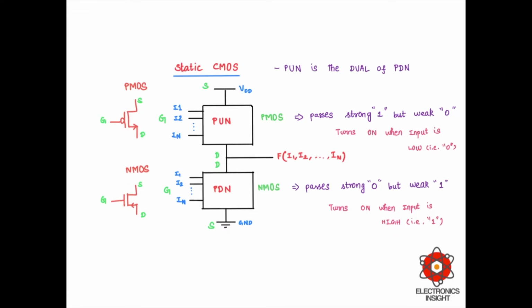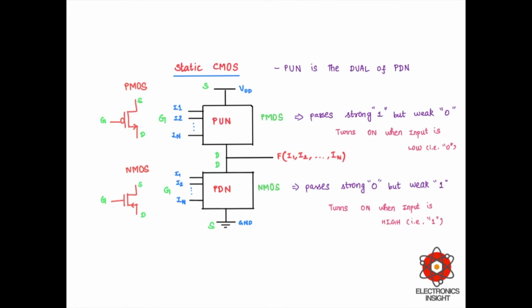PMOS and NMOS differ in the doping of source, drain, and bulk regions. PMOS is always created on an N-type substrate, as the source and drain regions are heavily doped P-type. NMOS has heavily N-type doped source and drain regions and is fabricated on a P-type substrate.